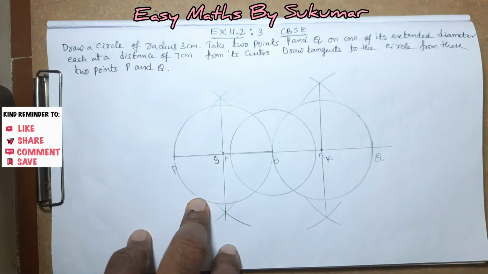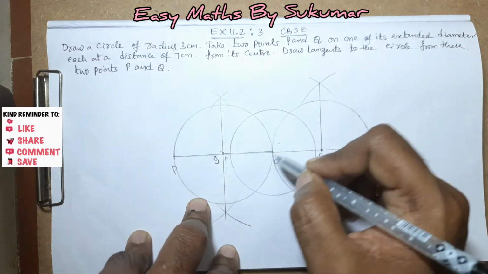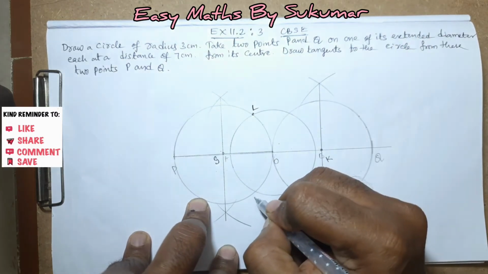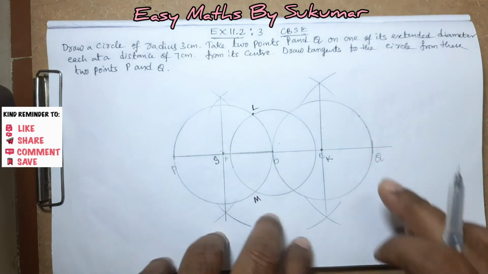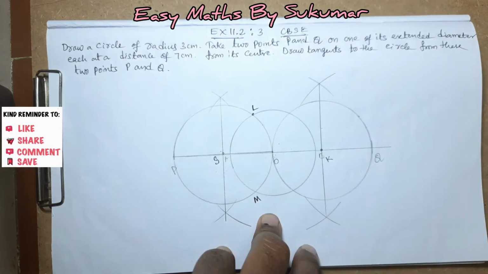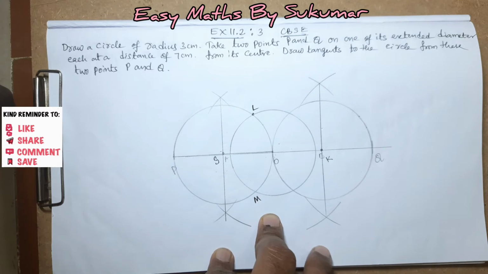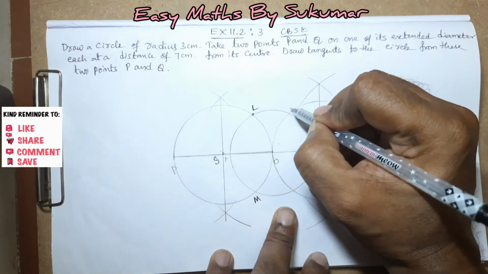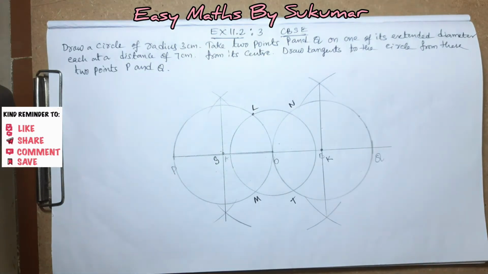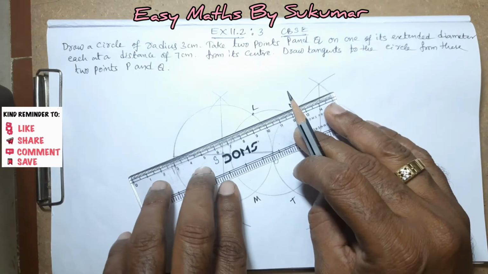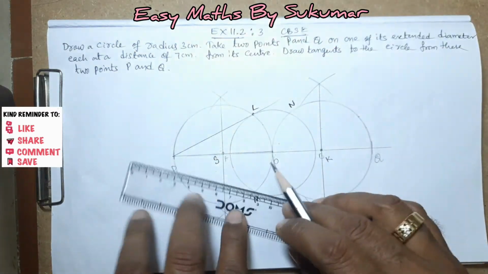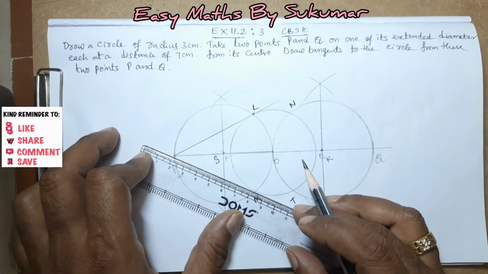It intersects the first circle, that is, O as center with 3 centimeters radius, at 2 points, L and M. Coming to this side, this circle intersects the first circle at N and T. Now join PL and PM also.